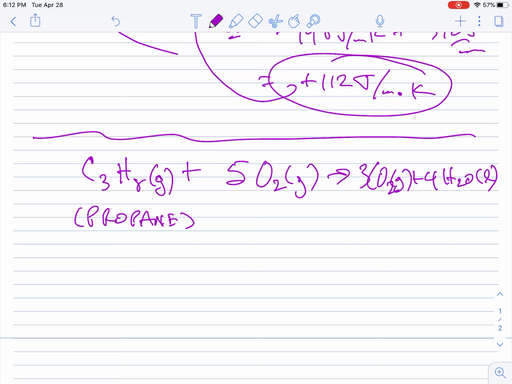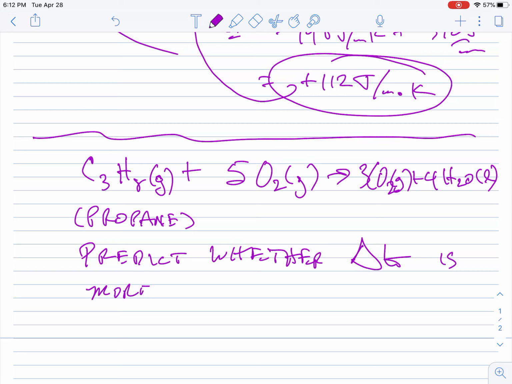So what can be given on this problem is that you might be given something like this, where you'd say, okay, predict whether delta G is more or less negative than delta H, okay?